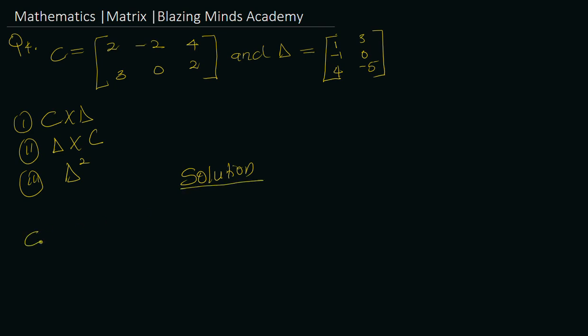Now C times D. The pattern has not changed. All this here will multiply the column here and will also multiply the column here to have the first box and to have the second box.